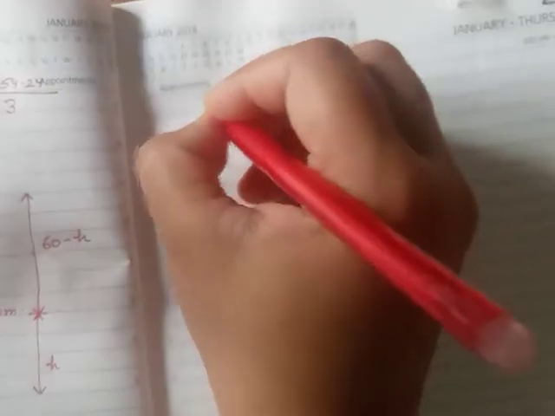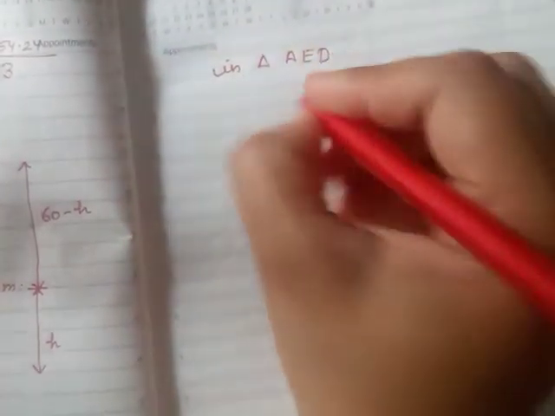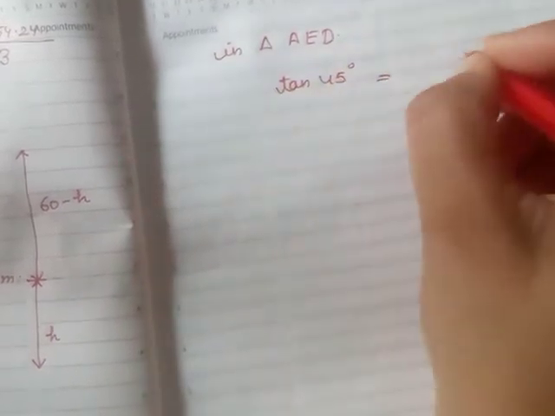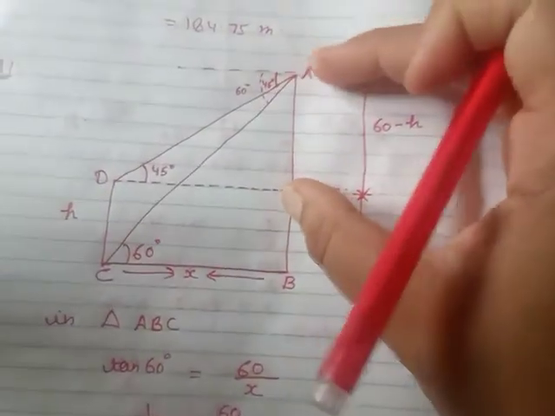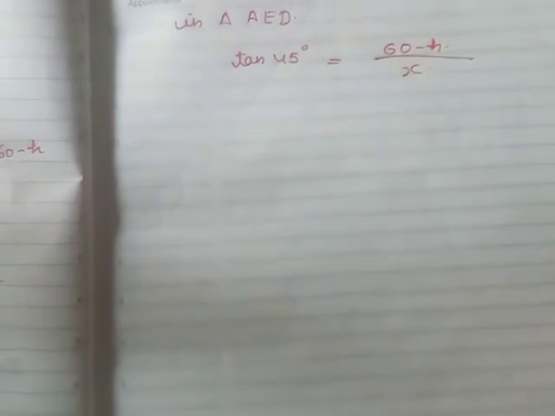Now we can find the height also using triangle AED. See, in triangle AED, tan 45 will be equal to the perpendicular, that is 60 minus h, and the base is the same, that is x.